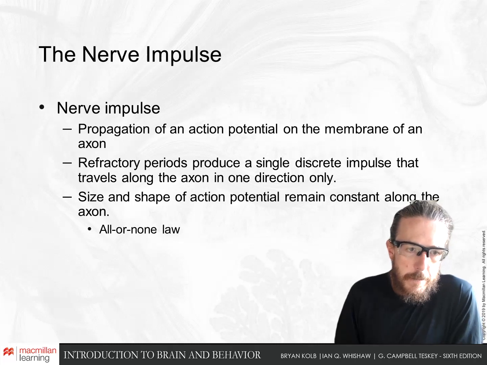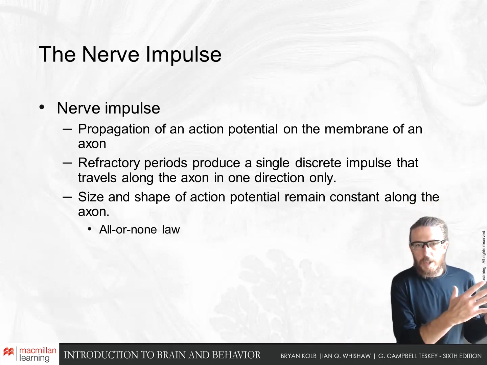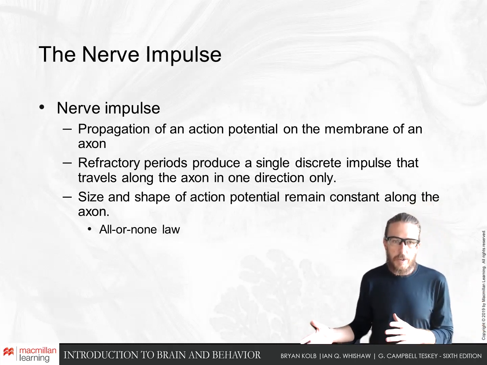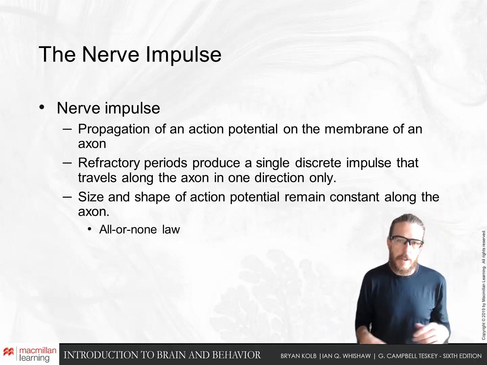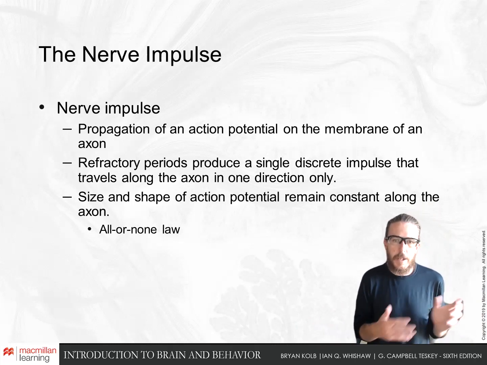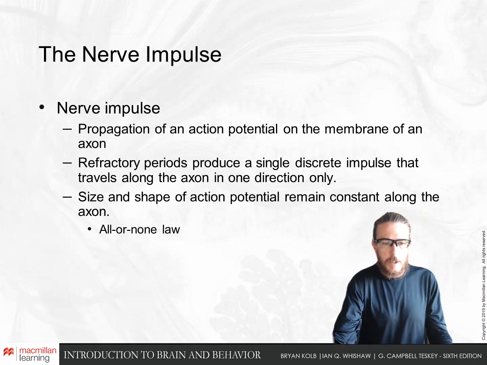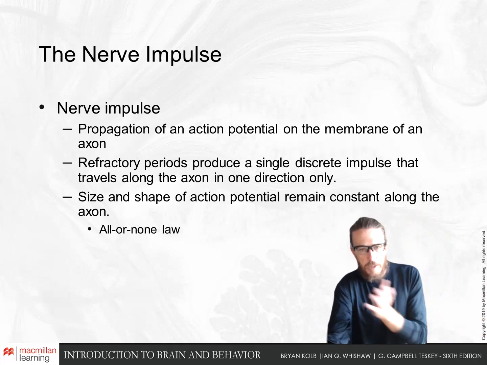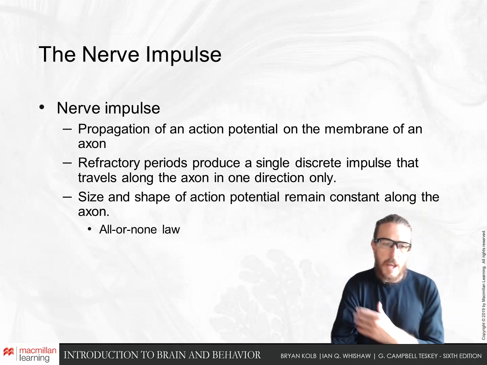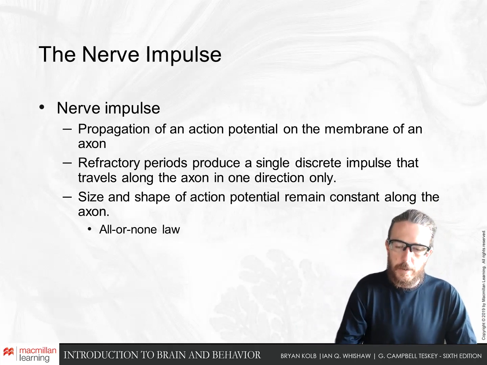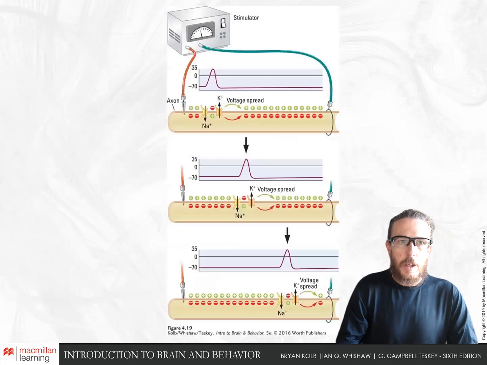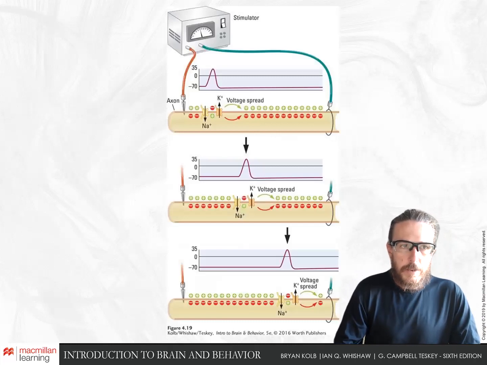Because of the refractory period, the nerve signal can really only travel in one direction, because it can't come back, because the parts of the membrane that had just fired can't fire again for a while. And also, as it moves down the axon, it seems to be the same at each place of the axon. So if you stimulate the head of an axon, you can watch one of these action potentials move down through the axon.